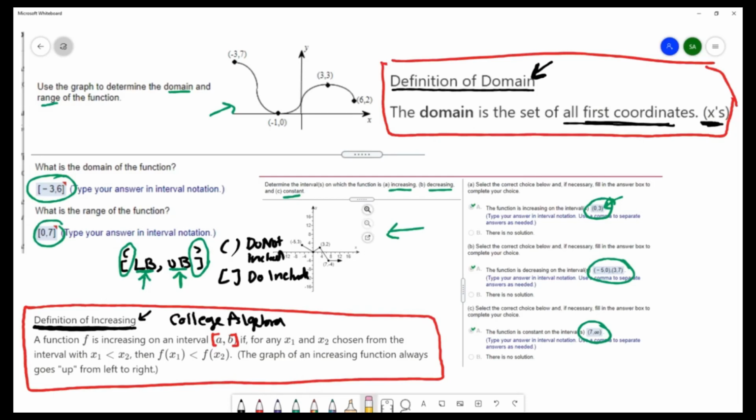So I know that's not the best answer to say sometimes we use brackets, sometimes we don't. But in this class, because the definition is worded in this way, where we use parentheses on our interval, all of the answers will use parentheses for increasing, decreasing, and constant.